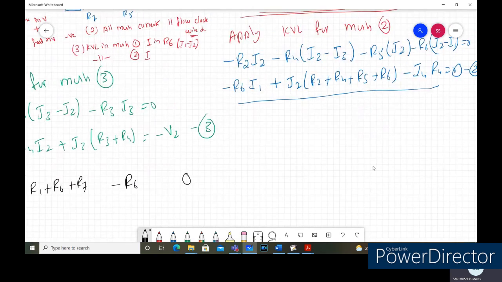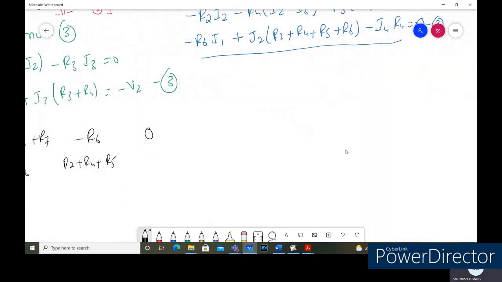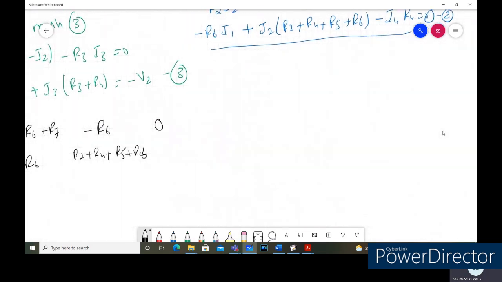And for equation 2, it is minus R6, and for the I2 terms, it is R2 plus R4 plus R5 plus R6, and for the I3 term, it is minus R4.